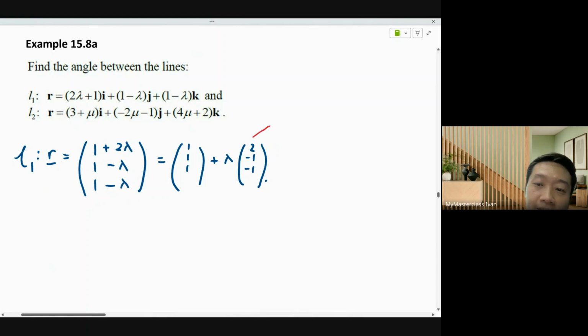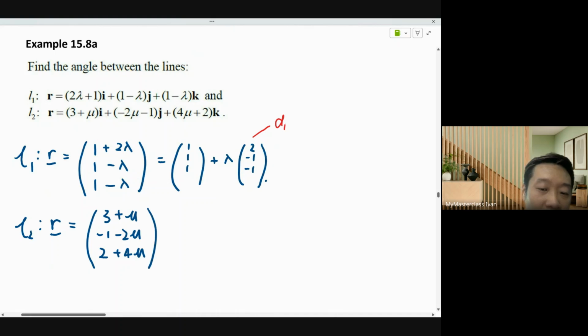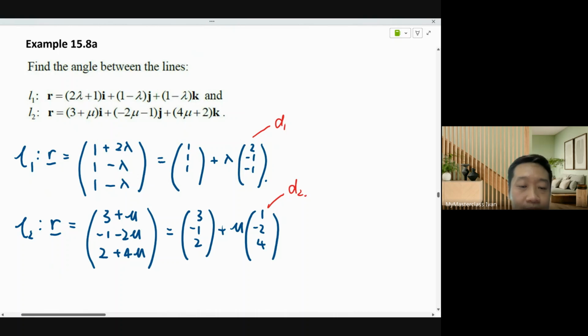So this is D1, the first direction. Then r equals to, i means x, 3 plus mu, minus 1 minus 2 mu, and 2 plus 4 mu. So this equals (3, minus 1, 2) plus mu (1, minus 2, 4). Basically, this is D2.